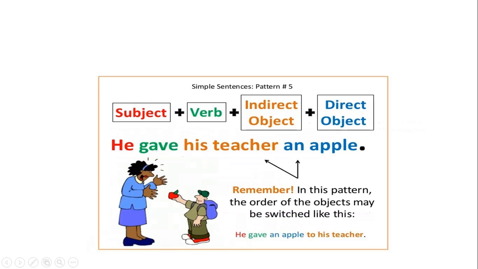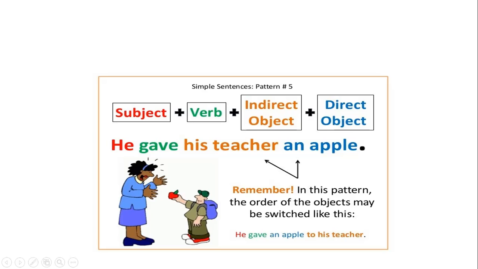Here is another good example for all the students. He gave his teacher an apple. Who is he? Grammatically, he is a subject. It can be any person, my father, the child, the boys, and any person that is doing an action will be subject here. Verb is gave. What about his teacher? His teacher will become indirect object while an apple will be direct object.